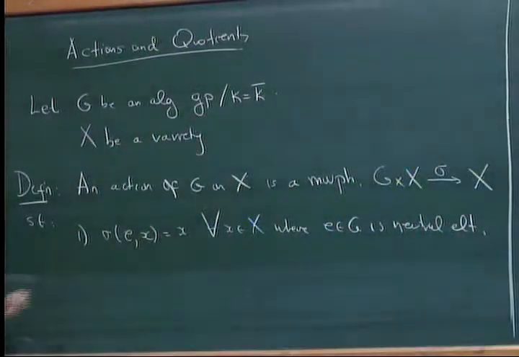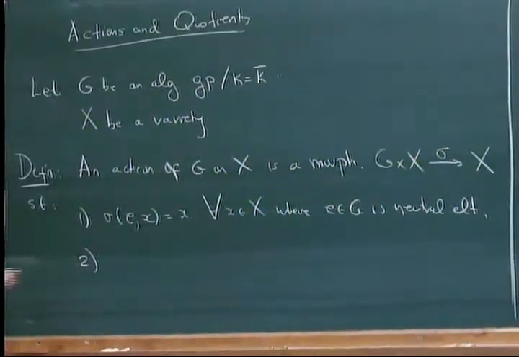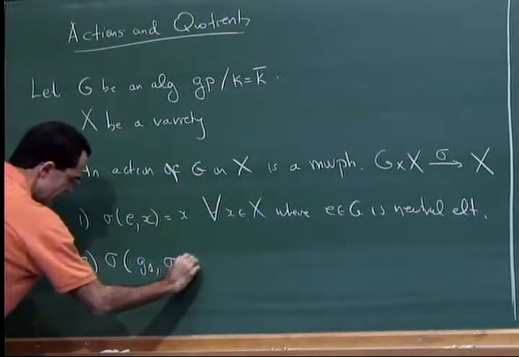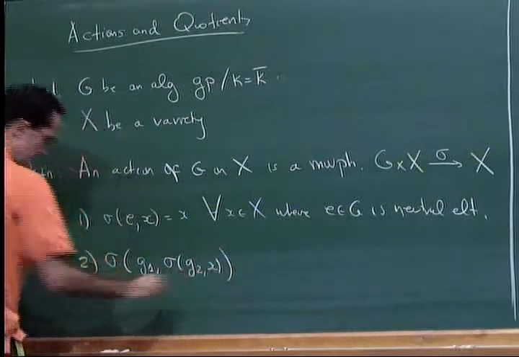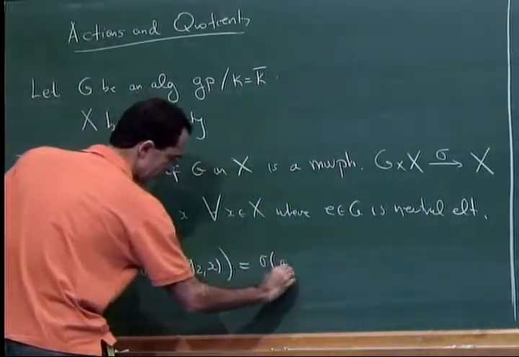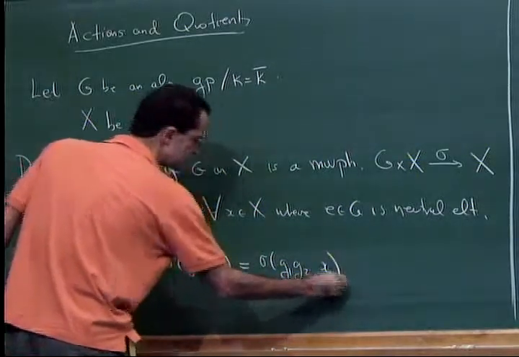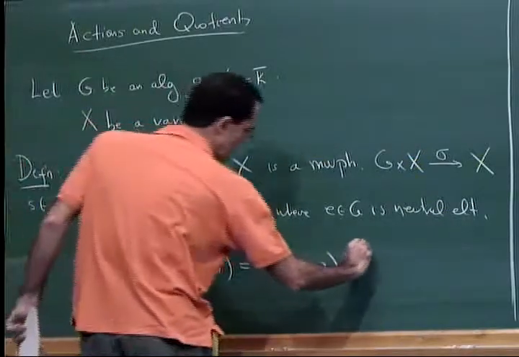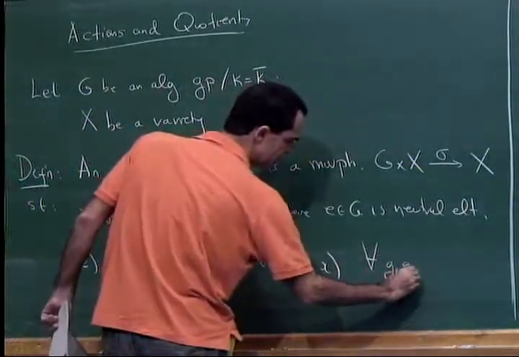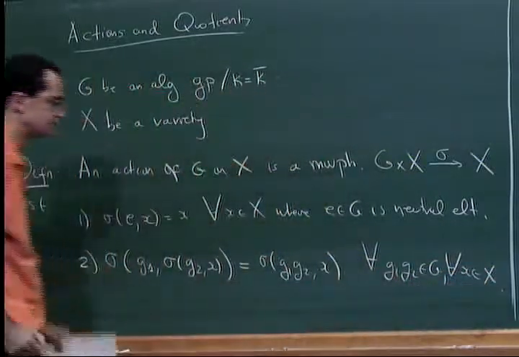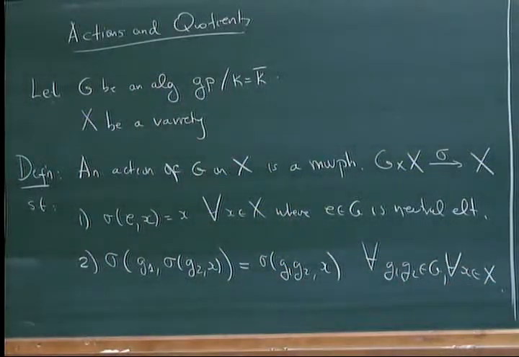Second, the action must respect this property here: if you apply g2 and then apply g1 to the result, what you get is the same thing as applying the product g1g2. This should hold for every g1 and g2 in G, and for every x in X. So that, simply put, is what an action is.